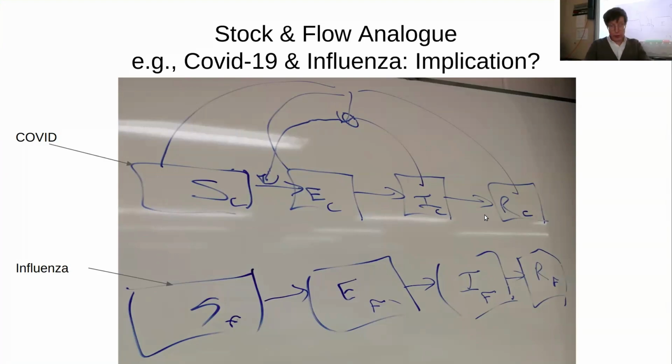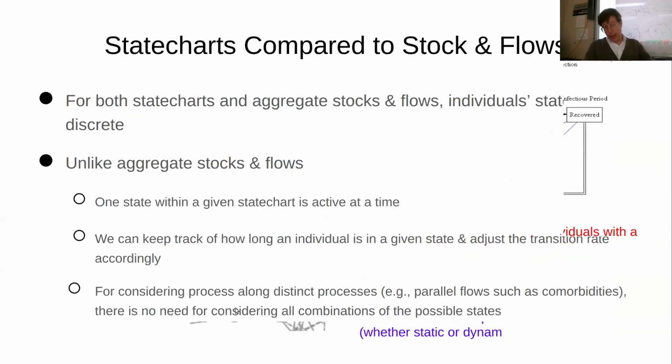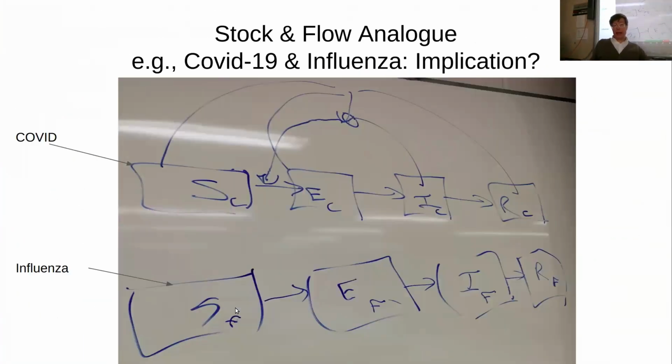This is for an aggregate model. This is for one of these guys, right? This stock S sub F is characterizing the count of people in the whole population who are currently susceptible to flu. What is not being captured in this diagram is the number of people who are simultaneously in this state and this one.